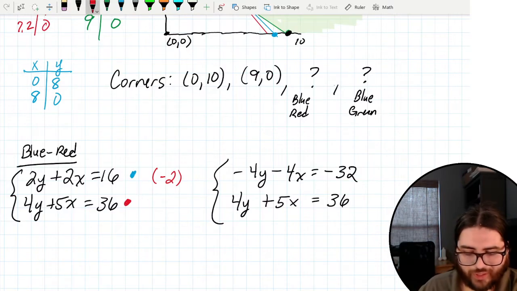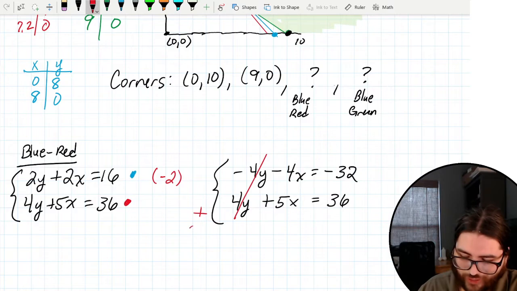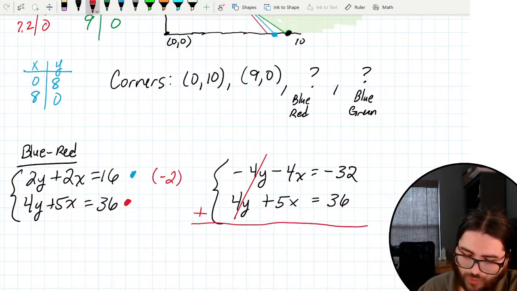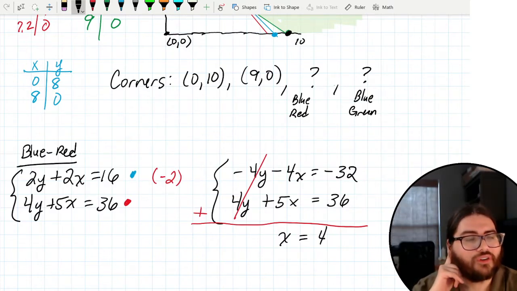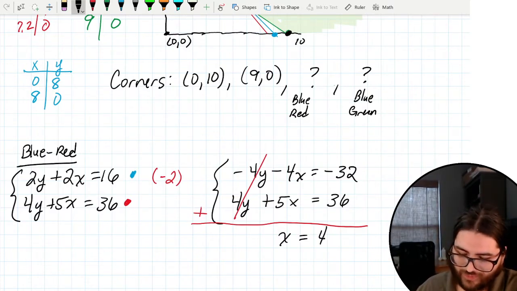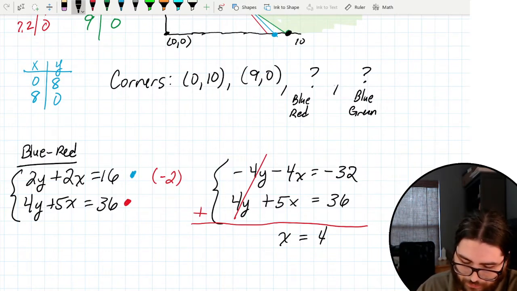Do you see how multiplying the top equation times -2 made it all cancel out very nicely for me? Like I said, we won't be able to rely on elimination forever, but it's nice while we have it. Looks like x equals 4 is the intersection.